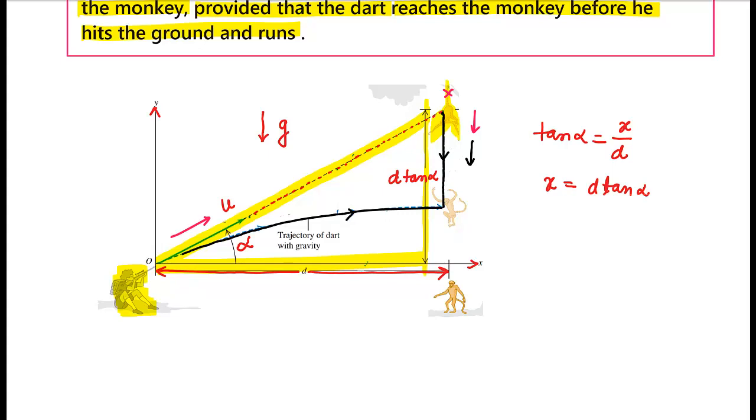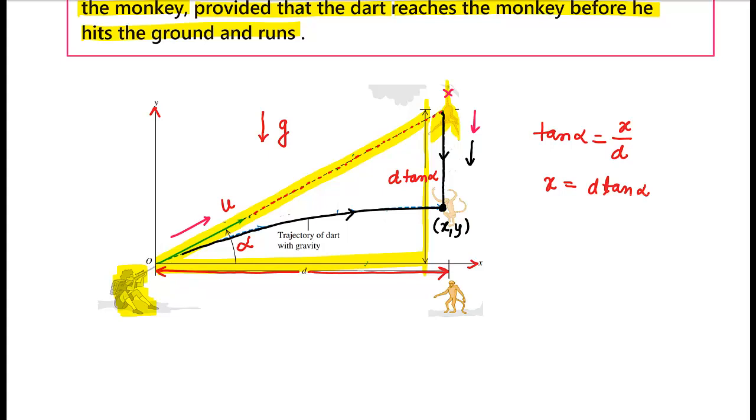So there are two projectiles, and we have to find the condition so that this dart is going to collide with the monkey. At the point where it will have a collision, let's say it has a coordinate of x and y. So what we can do is find the x coordinate of the dart and the x coordinate of the monkey.